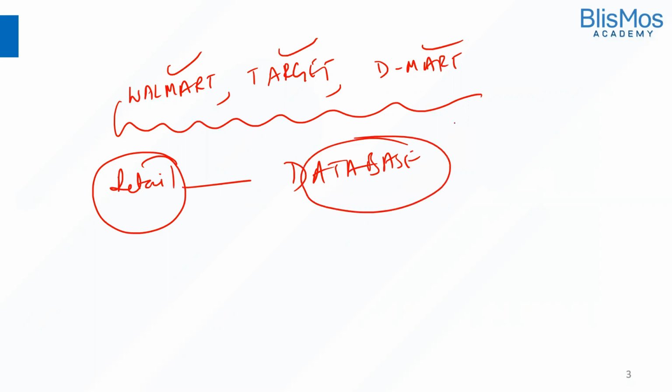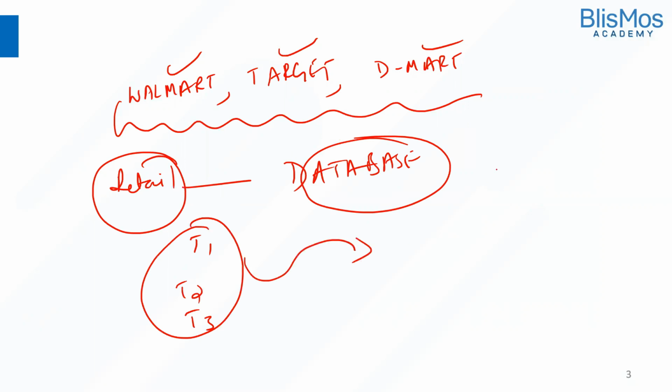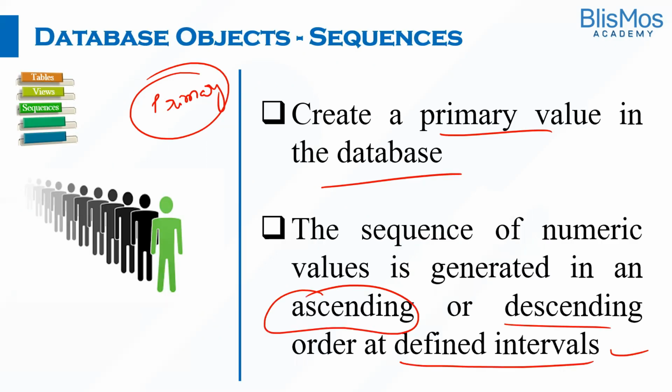So do we really need to go on punching in transaction ID 1, transaction ID 2, transaction ID 3? Instead, we can have a mechanism in such a way that numbers are generated automatically. That is where the sequence comes into the picture. So sequences help us to create the primary key values in the database.